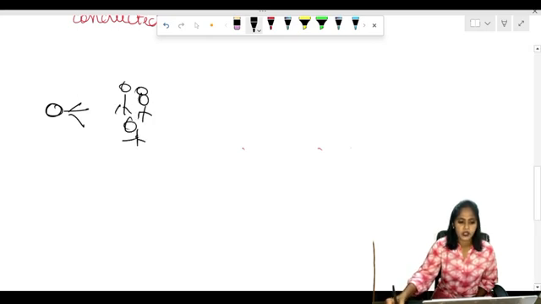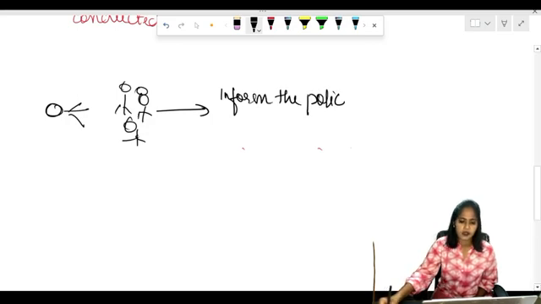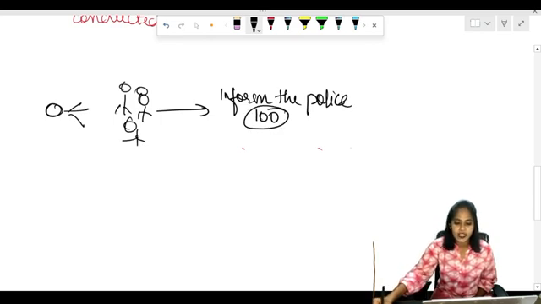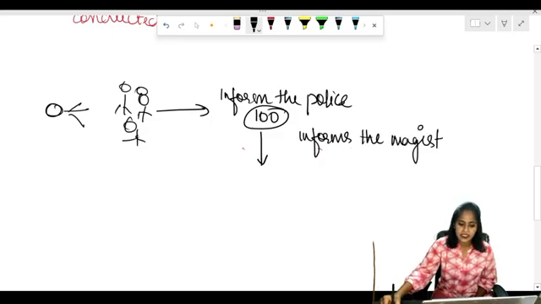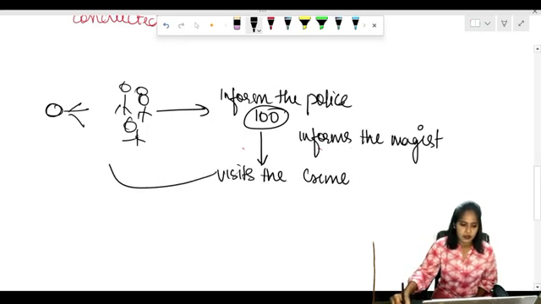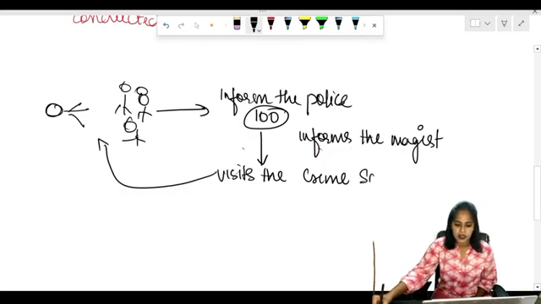Immediately they inform the police, that is, call 100. And then before visiting the crime scene, the police officer informs the magistrate. Then he arrives at the crime scene.